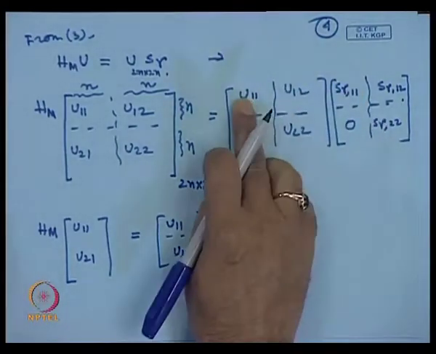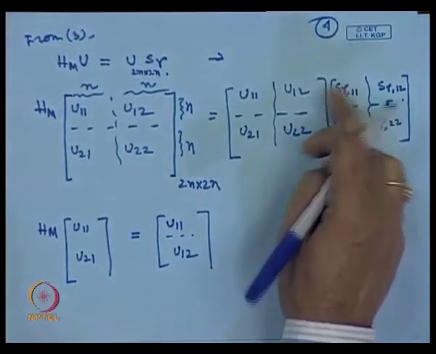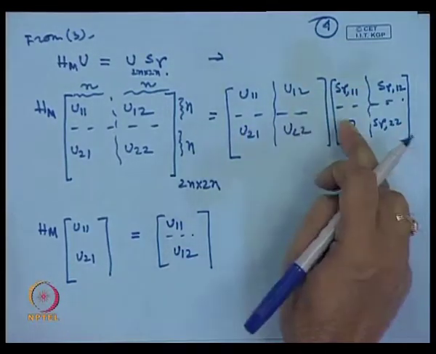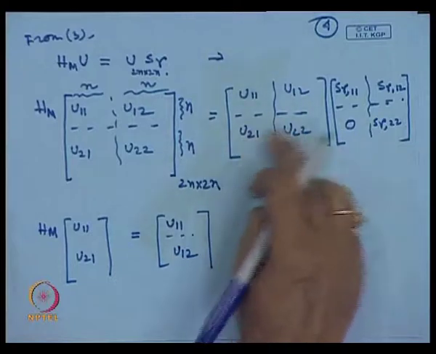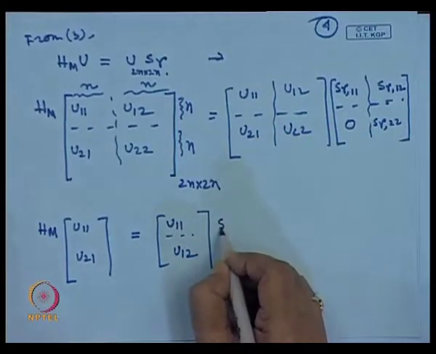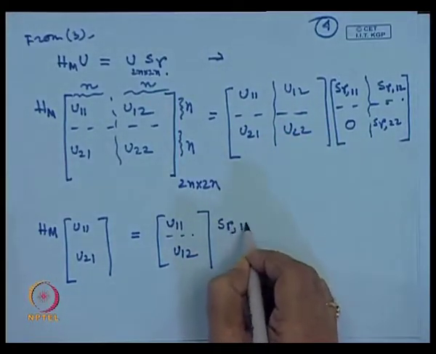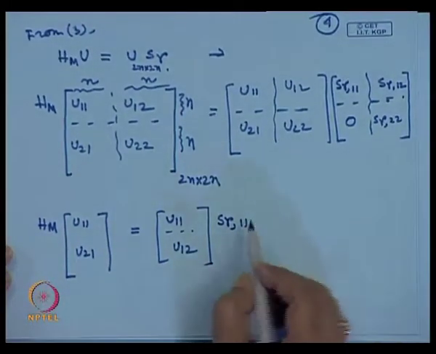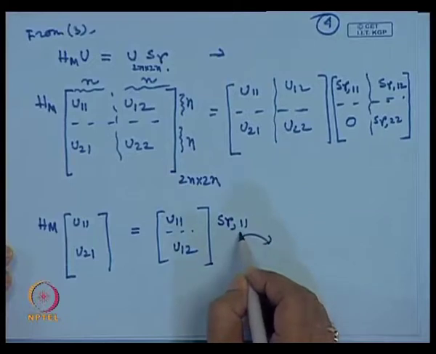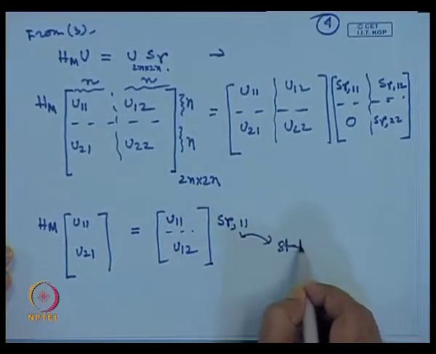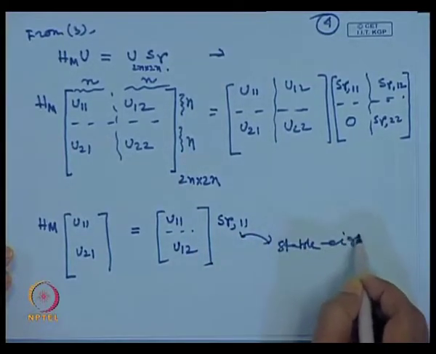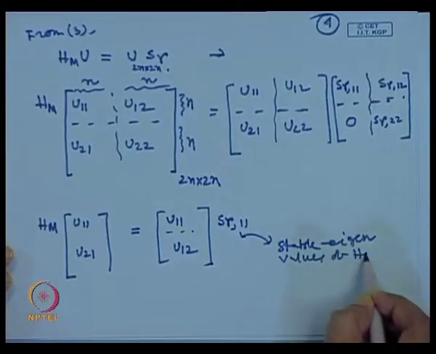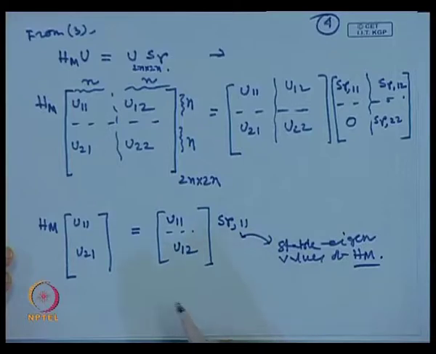So, it is u 1 S R 1 1, then this multiplied by this plus this multiplied by this, it will be u 2 1 S. So, I can write u R 1 1 of this, both sides. So, this matrix is the stable eigenvalues of H m matrix, agree.